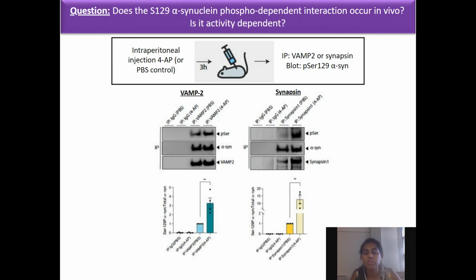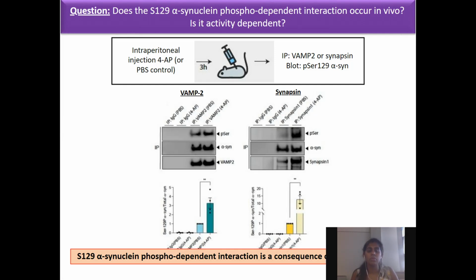We see an increase in phosphorylated alpha-synuclein. So this clearly shows that the S129 alpha-synuclein phospho-dependent interaction is a consequence of neuronal activity that is occurring in vivo.